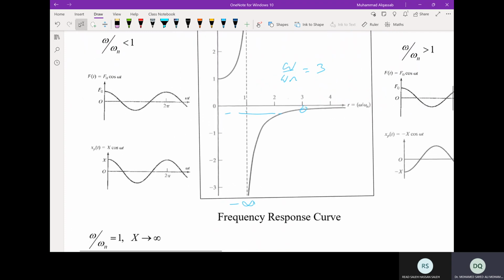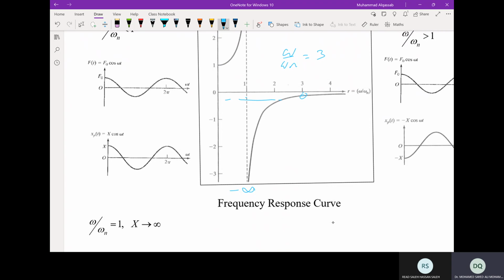So for omega over omega n less than 1, of course, if the force is F naught cosine omega t, and this is the plot of a cosine wave, the capital X is going to be positive, and the phase of course is 0. So it means that x_p and f are in phase.